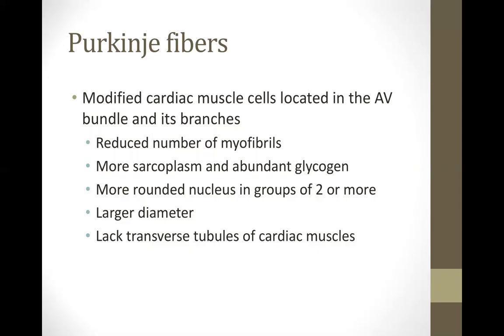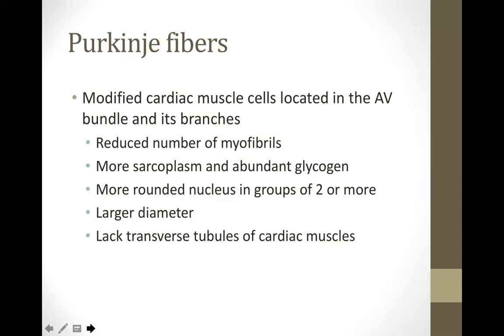What are their characteristics? Purkinje fibers have a reduced number of myofibrils. There is more sarcoplasm and they have abundant glycogen. They are larger in diameter and they lack the transverse tubules of cardiac muscle. But when I ask you in the practical or theoretical exam what the function of the Purkinje fibers is, you answer: conducting system of the heart.